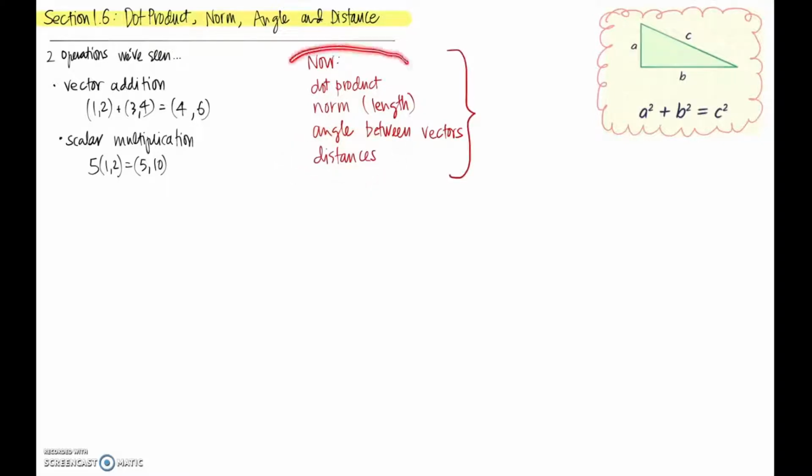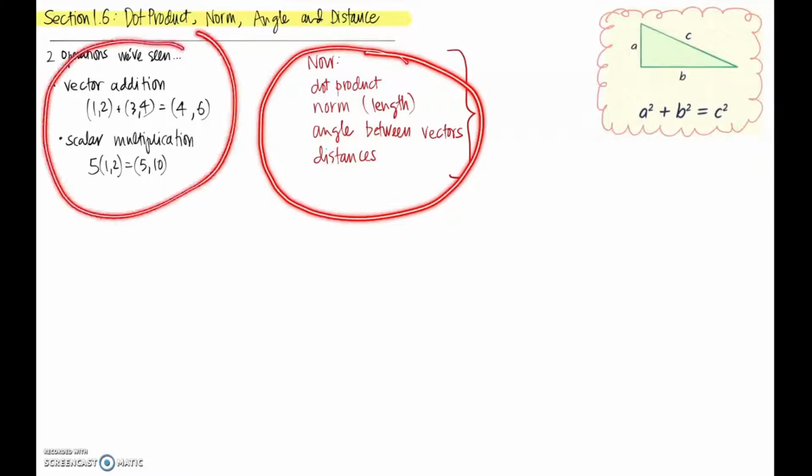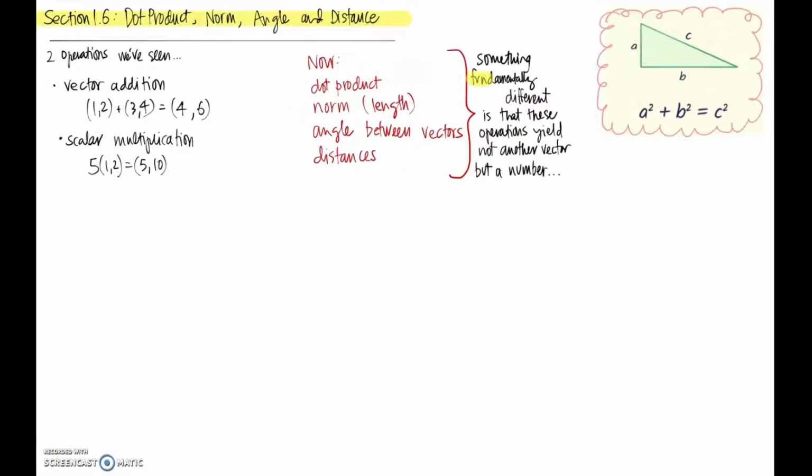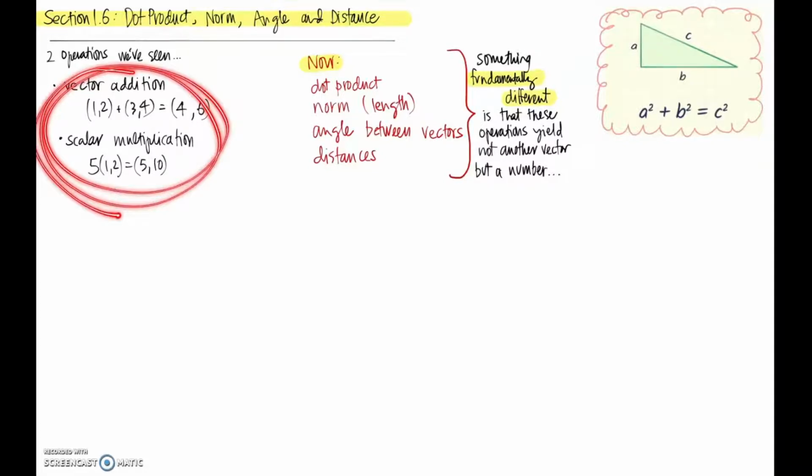But there is something that's fundamentally different about these operations as opposed to the old ones. These new ones that we're talking about today will yield not another vector when you perform the operation, but a real number. So this is a fundamental difference between these new operations and the old famous two that we're familiar with.